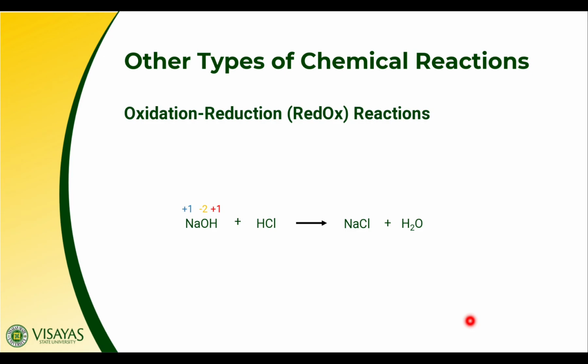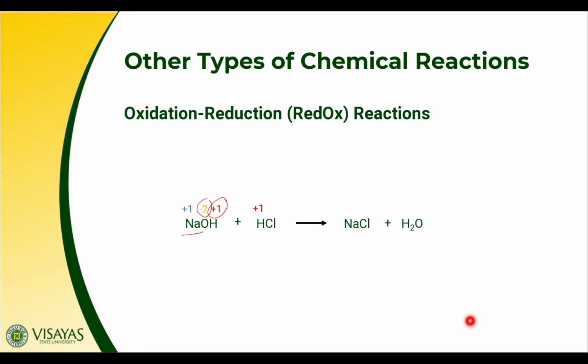Sodium hydroxide is a neutral compound, so we have a negative 2 and a positive 1. What should be the oxidation number for sodium for it to be 0? It should be positive 1. 1 minus 2 is negative 1, plus 1, we have a 0.